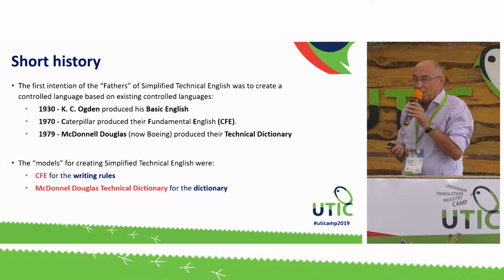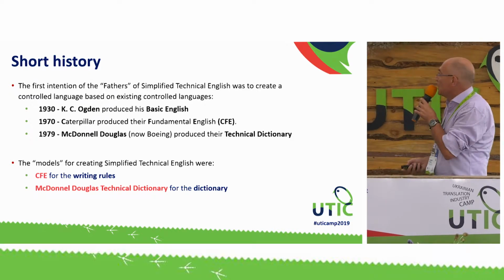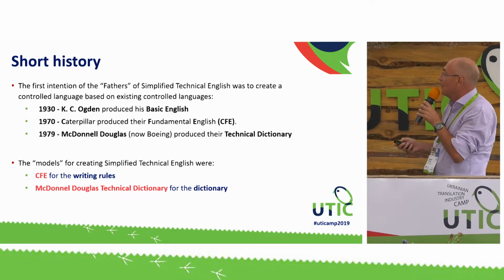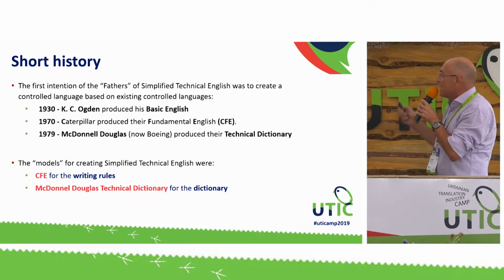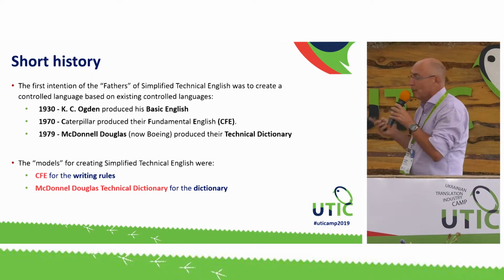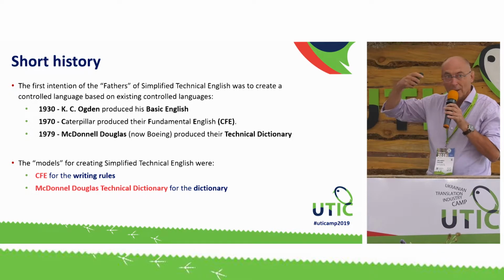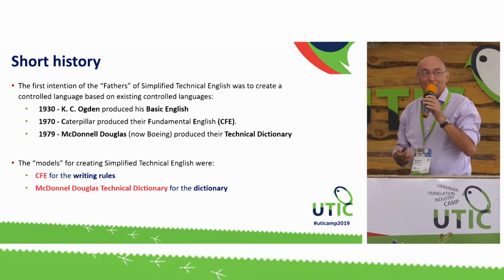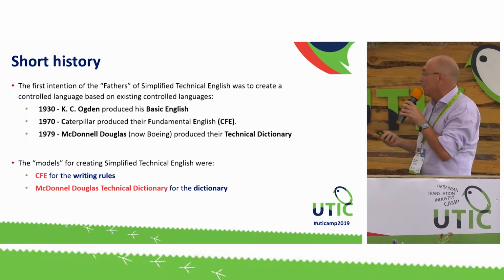The first intention of the fathers of Simplified Technical English was to create a control language based on existing control languages. We can say that the Basic English produced by Professor Charles Ogden in 1930 is like a pioneer, a historical predecessor of Simplified Technical English.